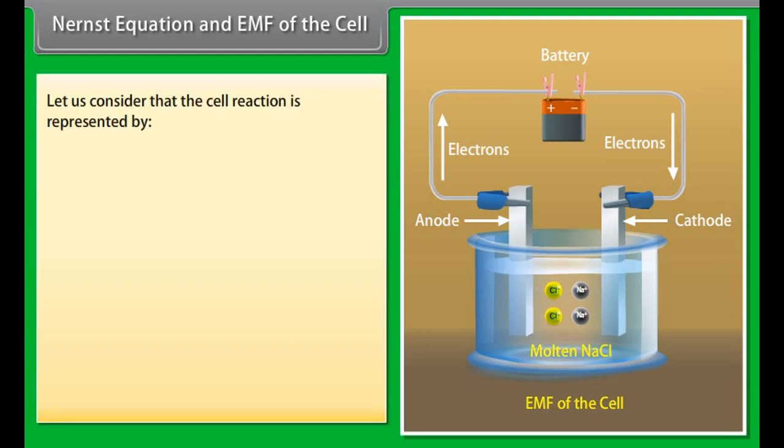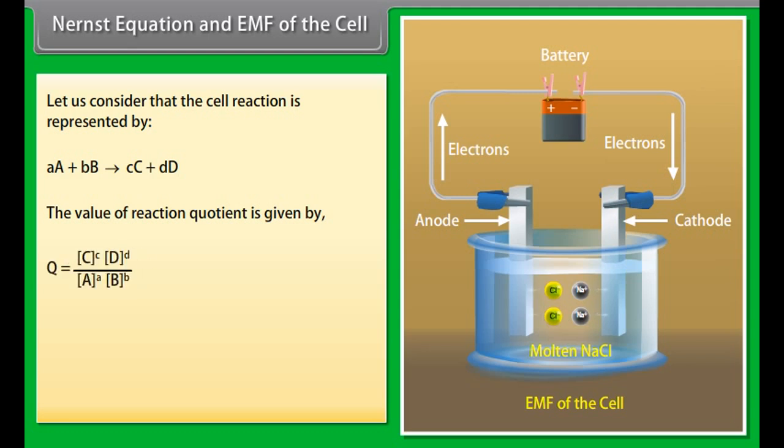Let us consider that the cell reaction is aA + bB gives rise to cC + dD. The value of the reaction quotient is given by Q equals [C] raised to the power c into [D] raised to the power d divided by [A] raised to the power a into [B] raised to the power b.